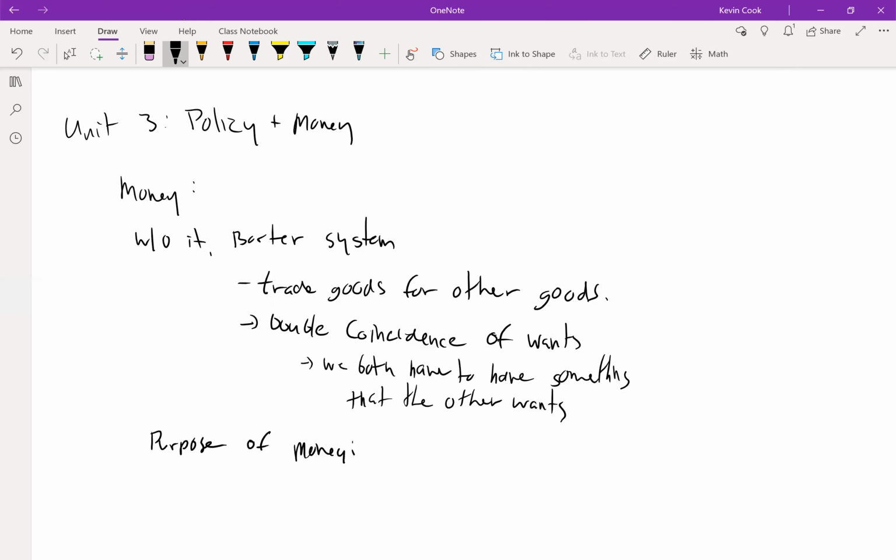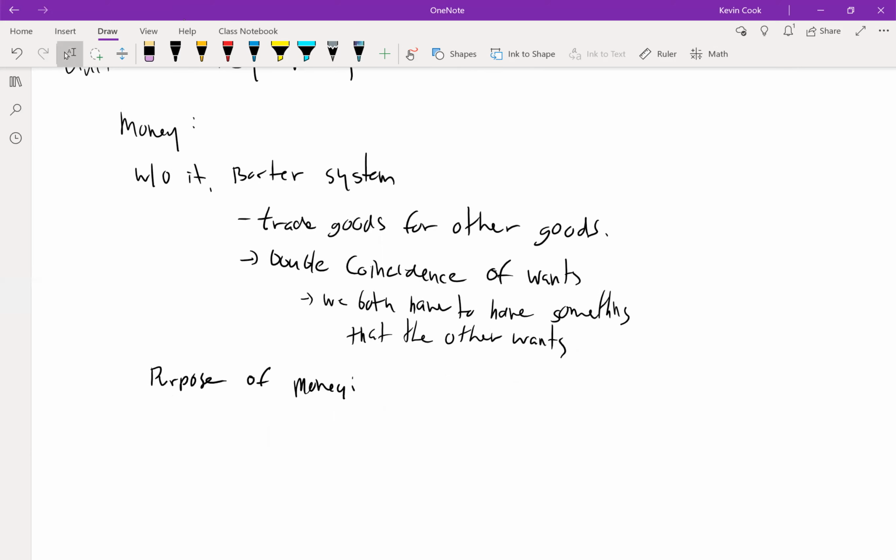So when we think about our purpose of money, we saw four main purposes. One was a medium of exchange. That is, I can use my money to buy goods and services, and I can use my money to get paid for goods and services that I complete. The second thing we had was a store of value.